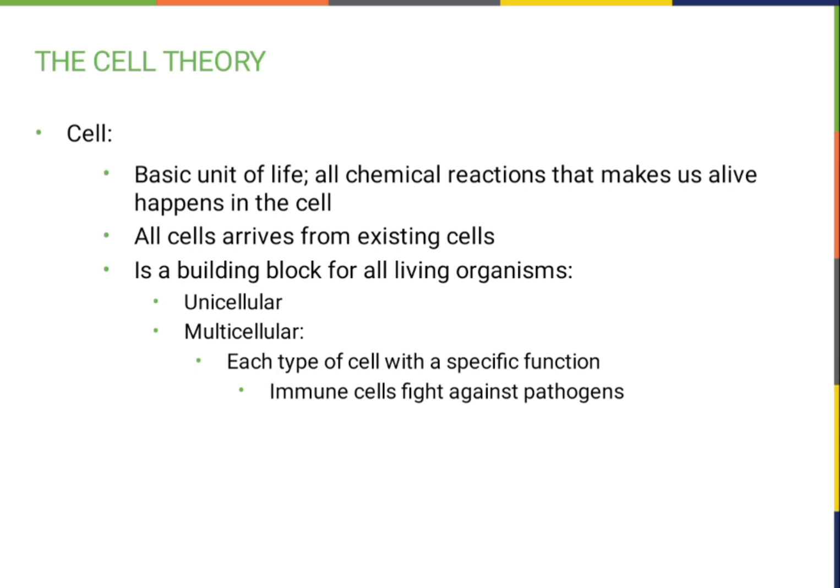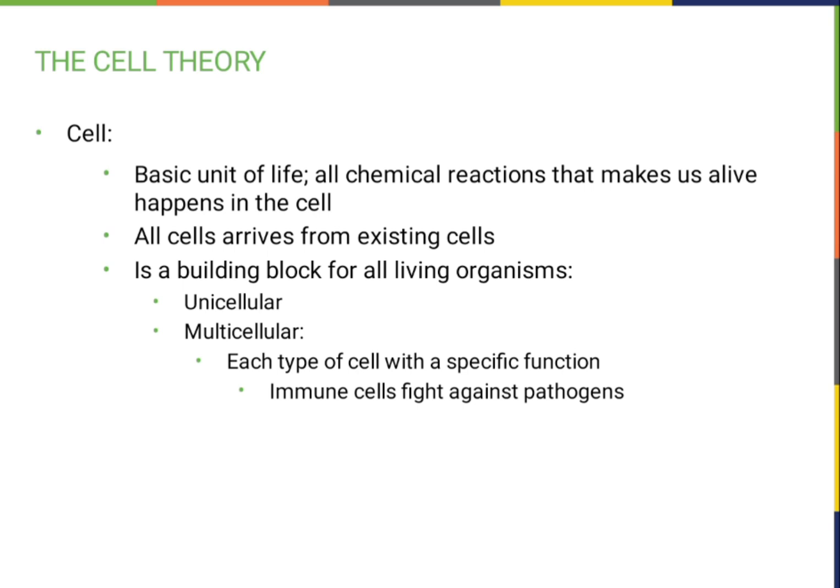Then Matthias Schleiden in 1838, along with Theodor Schwann in 1839, proposed the cell theory, and it was modified by Rudolf Virchow in 1858. So, the modern ideas of the cell theory.